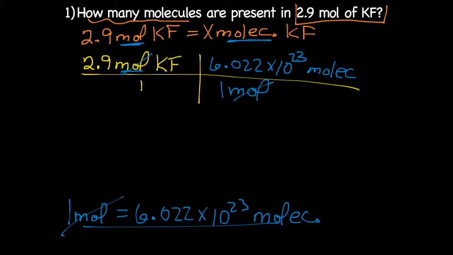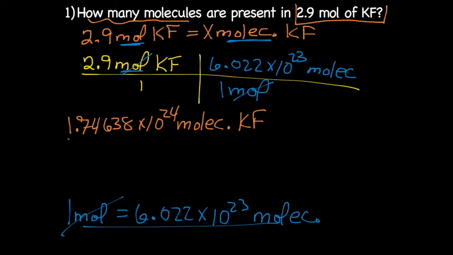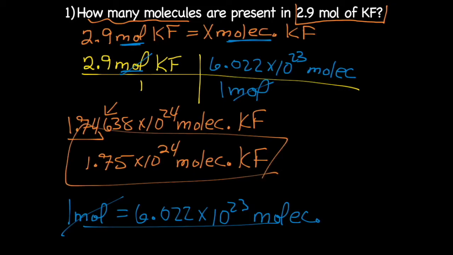And that gave me 1.74638 times 10 to the 24th molecules KF. If I keep two numbers after the decimal, I'm going to end up with 1.75 because this 6 is 5 or bigger, which makes the 4 round up, times 10 to the 24th molecules of KF. All right, cool.